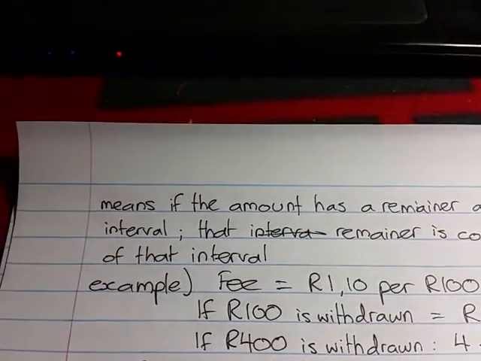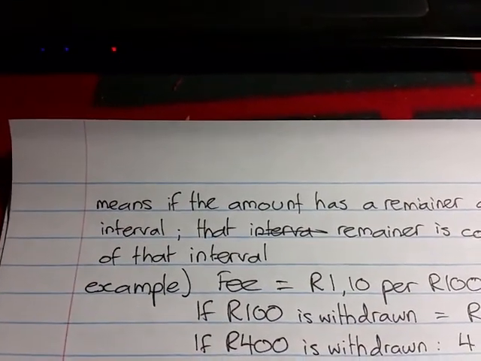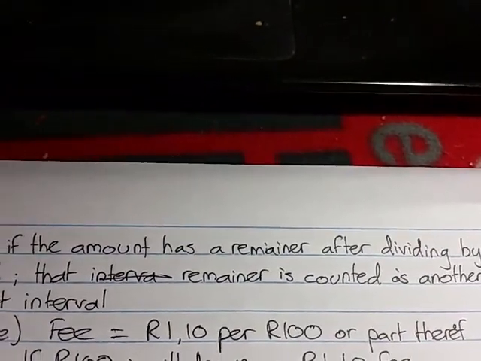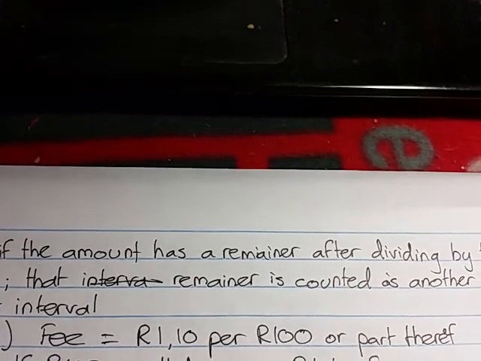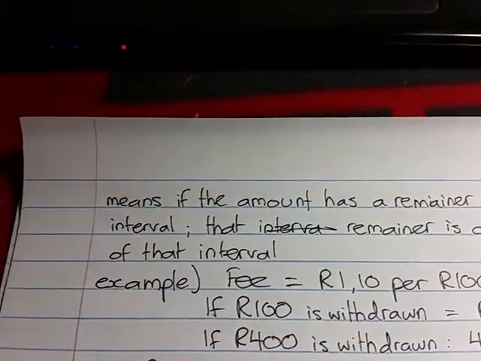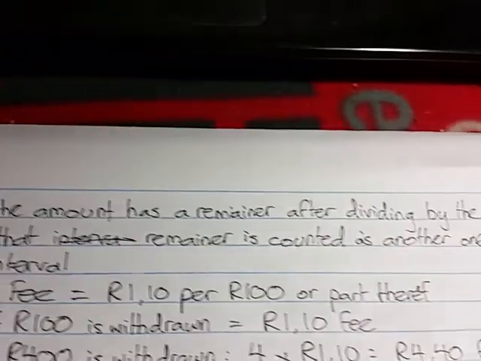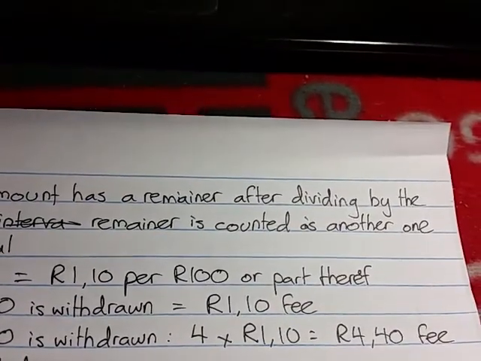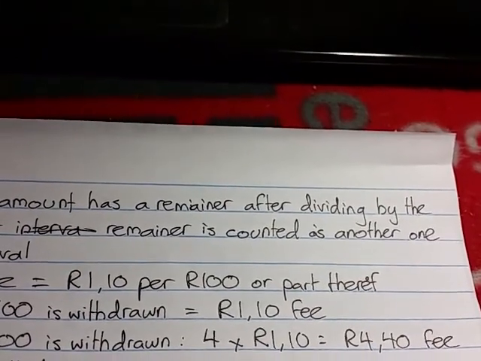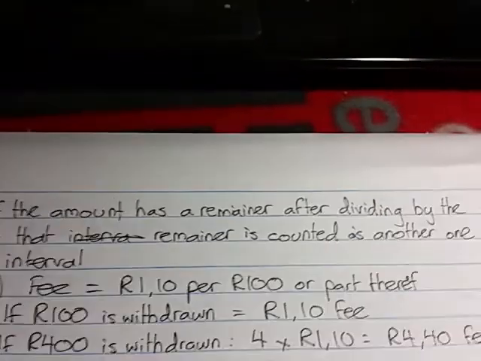If 400 rand is withdrawn, the fee is generated for every 100 rand withdrawn. So how many hundreds in 400? There are 4 hundreds. So therefore the fee would be 4 times 1 rand 10 cents, which equates to a 4 rand 40 cent fee.